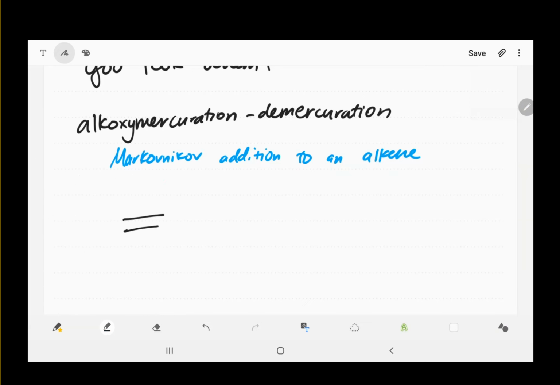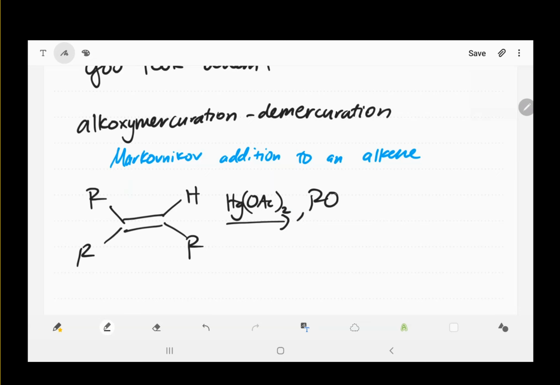This process essentially was you had an alkene, you'd give it some alcohol along with your mercury with the acetates on it, and then you'd demercurate with your sodium borohydride, and you would end up getting your ether.